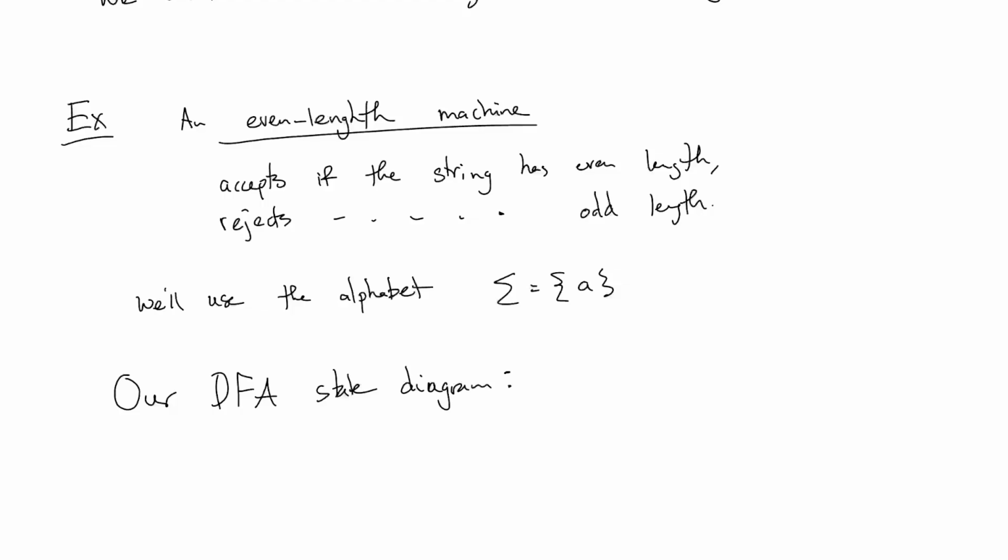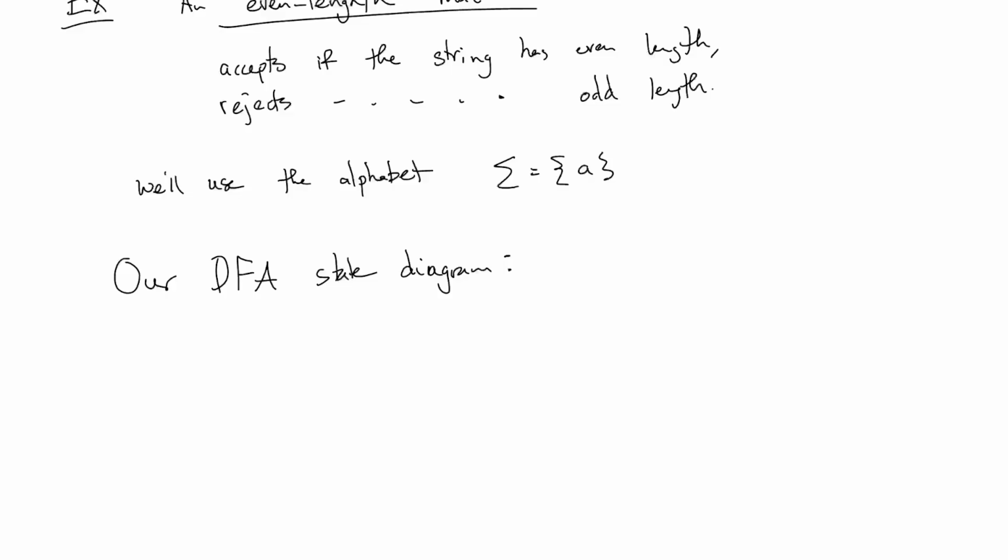All right, and here is our DFA state diagram. The idea that I have in mind, I'm going to try and describe in words how the machine is supposed to work. It's probably not worth writing down all these words because the state diagram is actually much clearer. But the idea is when the machine begins, it's going to read the string, and depending on what letters it's seen so far, it's going to keep track if it's even or odd.